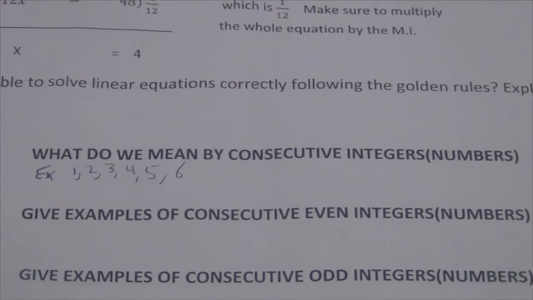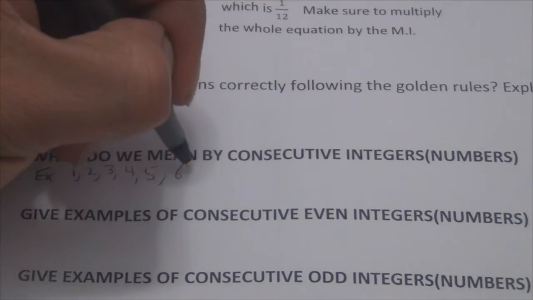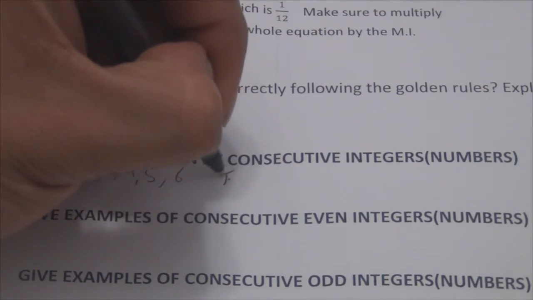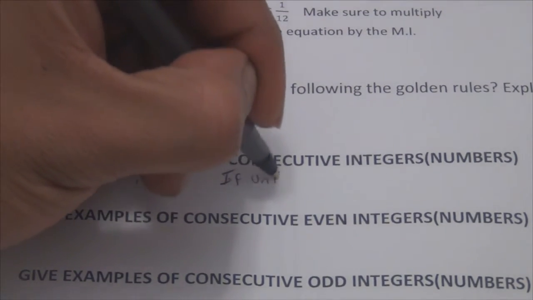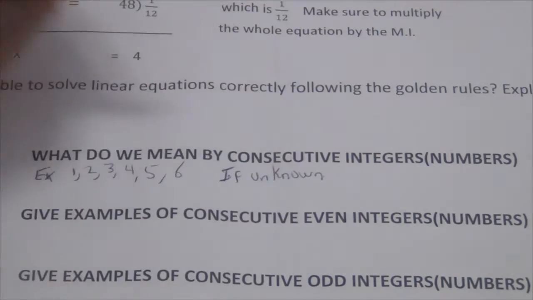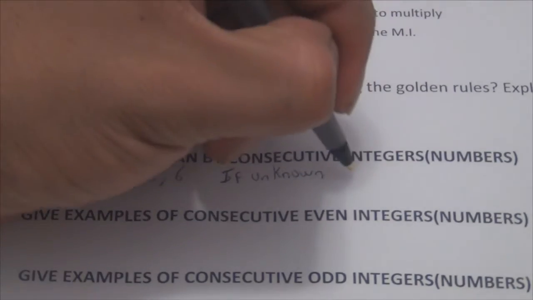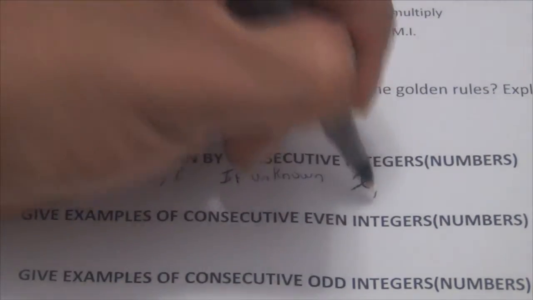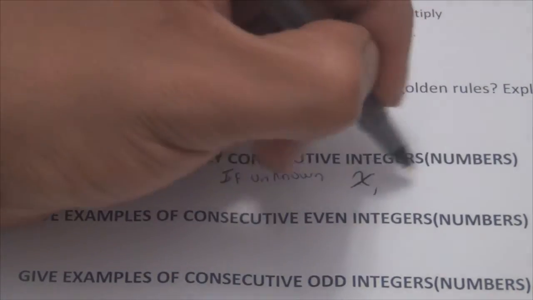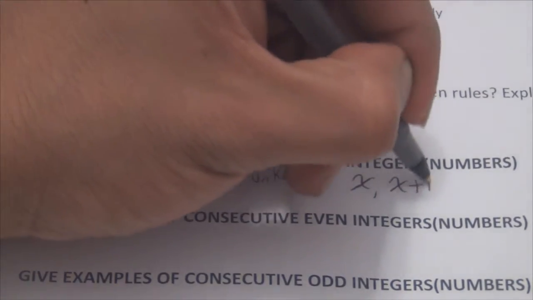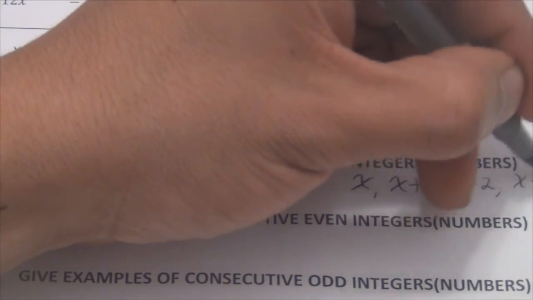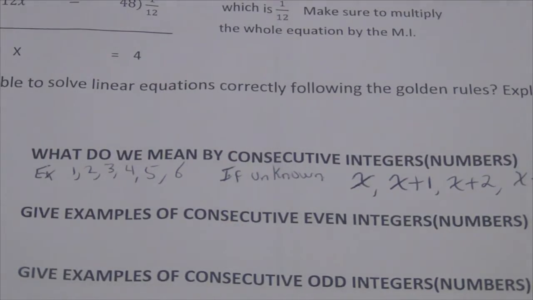Now, if you don't know the numbers, then you could use a variable. If unknown, then the first number will be x or n or a variable. The second number is the gap between one number and the other. They go by ones, so the next number is going to be x plus 1, x plus 2, x plus 3, and so on and so forth.